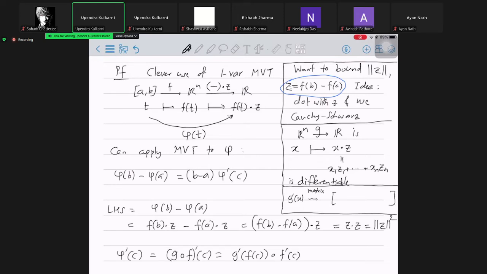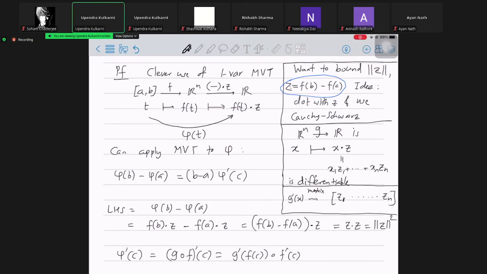It's going to be just the partial derivatives of that formula with respect to every single xi, written in a row. So what is the matrix of that? Z1, Z2, all the way up to Zn, correct? Regarded as a row matrix, if I think of this as a map.